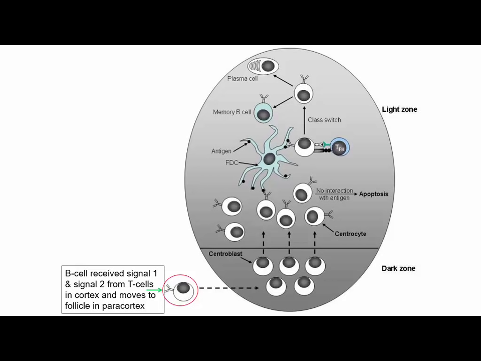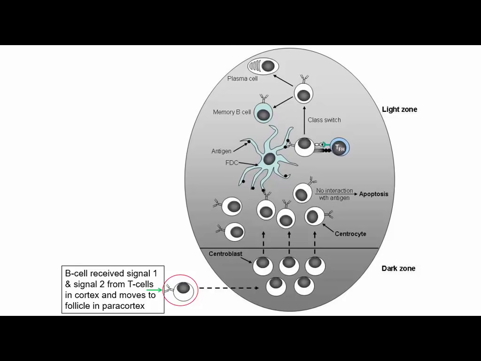The reason that's important is if you're one of these B cells that isn't able to compete effectively and interact with the follicular dendritic cell, you don't get a signal to survive. If you're one of the B cells that changed its B cell receptor in a way that increases its affinity for Salmonella and has managed to compete and interact with the follicular dendritic cell, it gets a signal to survive.